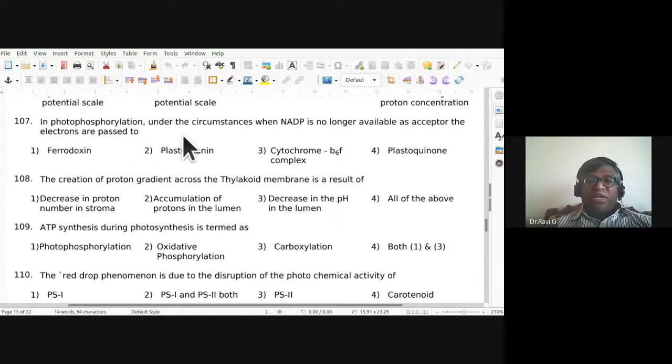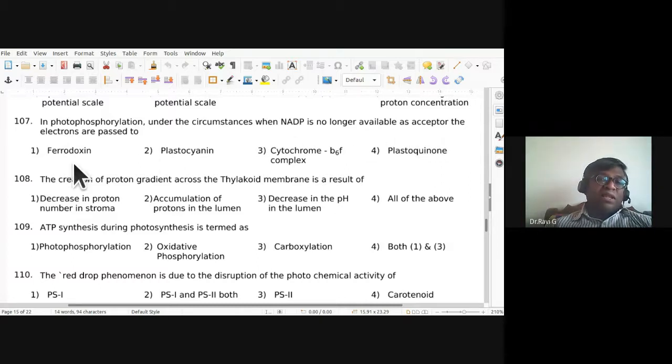So in photophosphorylation, under the circumstances when NADP is no longer available as acceptor, the electrons are passed to: ferredoxin, plastocyanin, cytochrome B6F complex, or plastoquinone? So which part of it are they passed to? The answer is the cytochrome B6F complex.